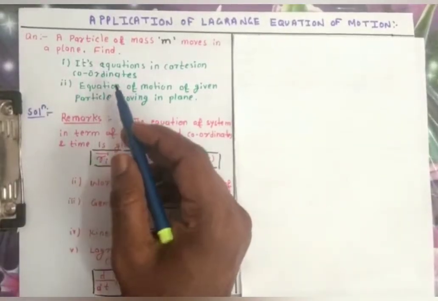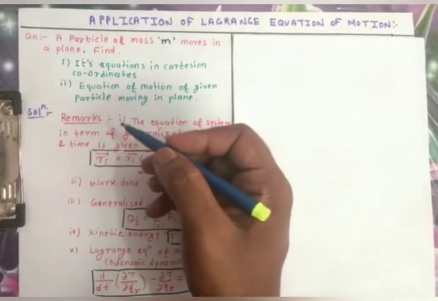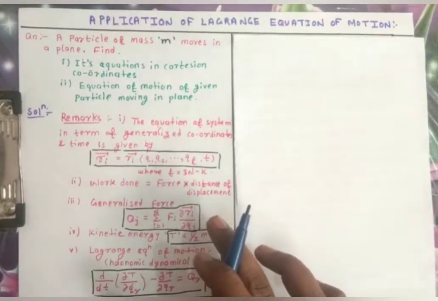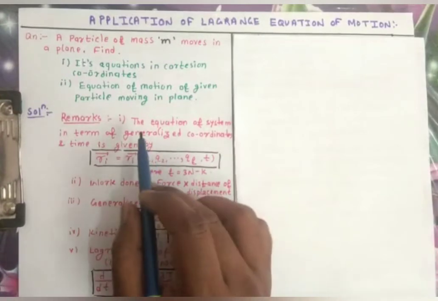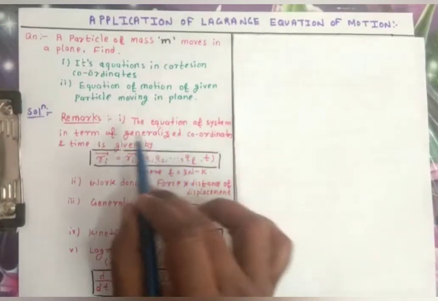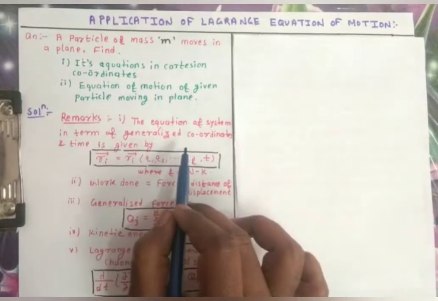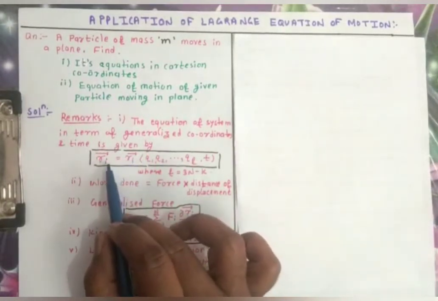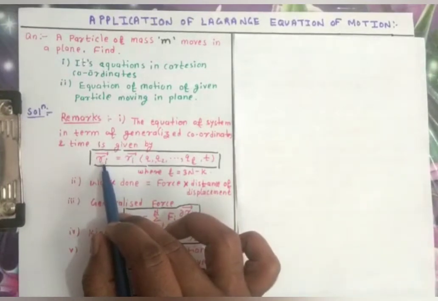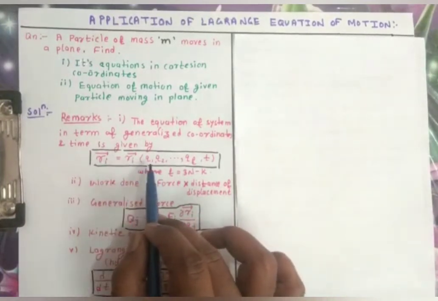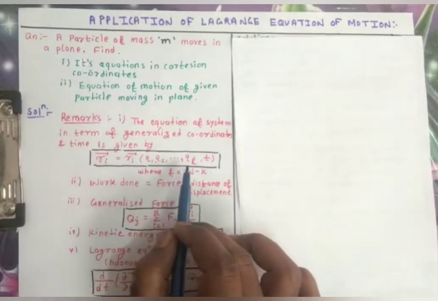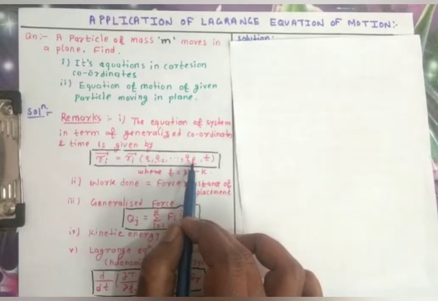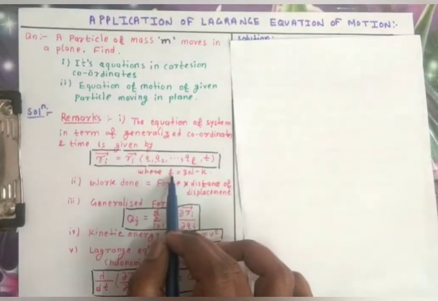Before finding the solution of this equation, we have to remember some points which we have already done in our classes. First, the equation of a system in terms of generalized coordinate and time. We know how to obtain the equation of position vector ri(q1, q2, ..., qf, t), where these are generalized coordinates, and f stands here for degree of freedom.